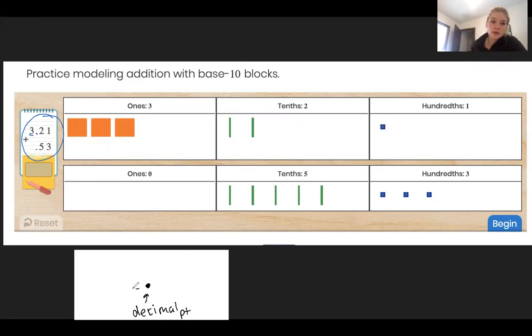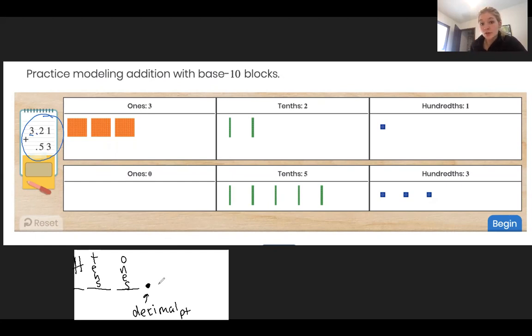So let's start with the ones you already know, such as our first place value to the left of our decimal point would be the ones. And then next comes the tens. And then we'd have the hundreds. I'm just going to put a big H.